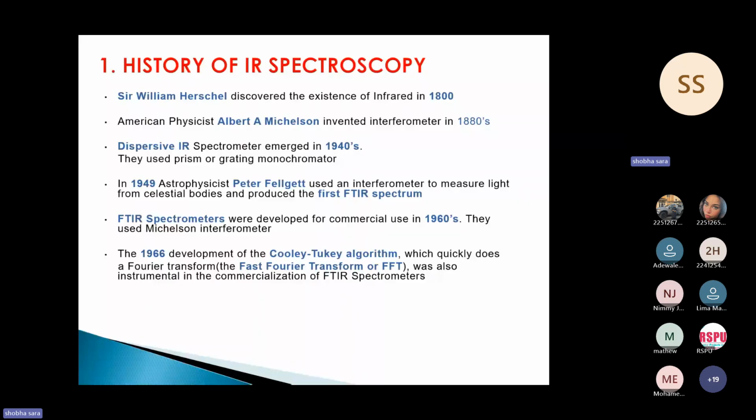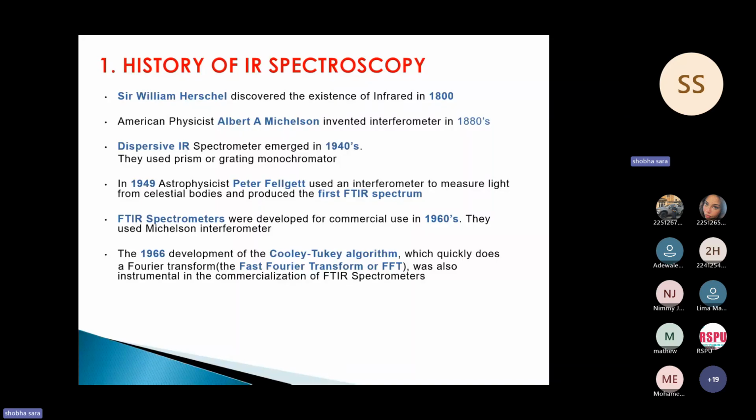So it took some time to develop a proper FTIR spectrophotometer. By 1949, the first FTIR spectrophotometer was made, and later it was used commercially by the 1960s, and there it used the Michelson interferometer.